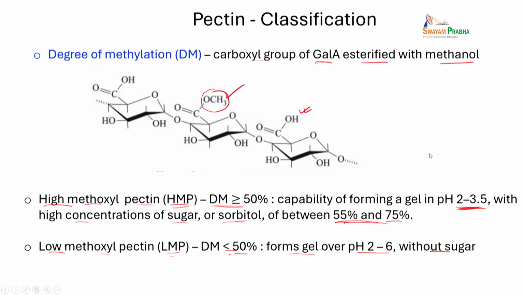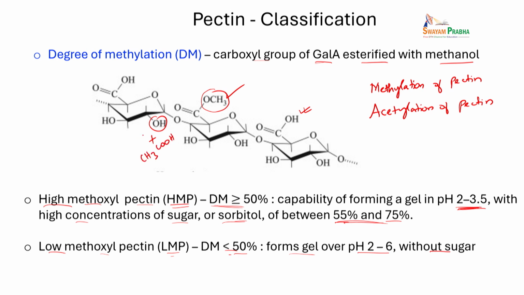There is one more thing. This is called methylation of pectin. There is also something called acetylation of pectin. In that case, what happens is that one of these OH groups that you have here combines with acetic acid, and then this group will become OCOCH3.